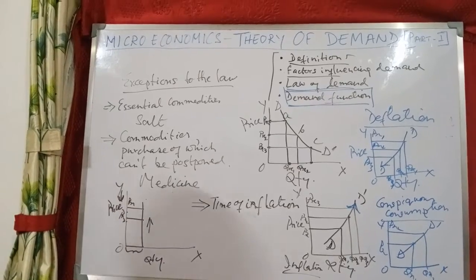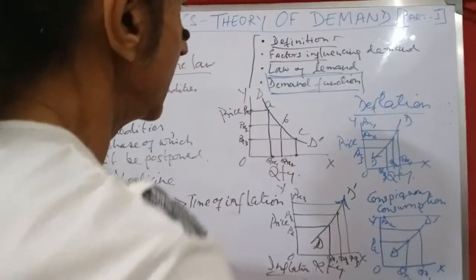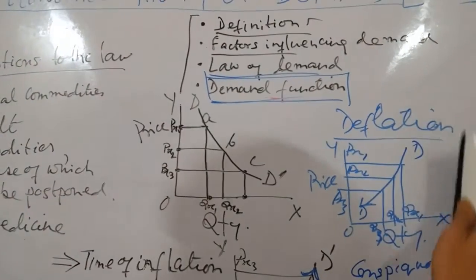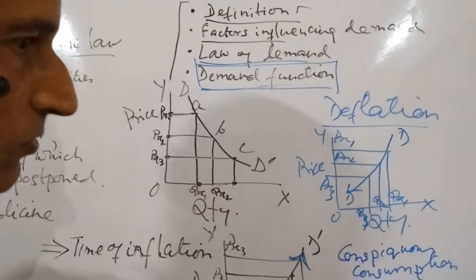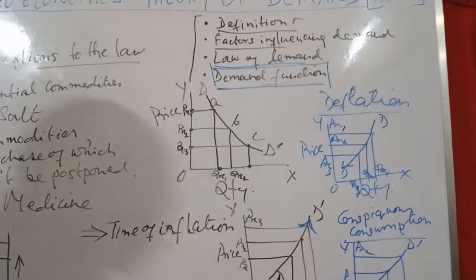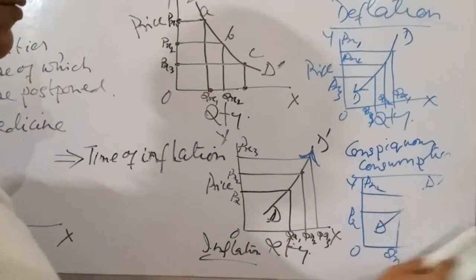So I am now shifting to demand function, and I am erasing whatever I have done on the whiteboard because I need space. There is not much space on my whiteboard, so I have to erase this part. Correct?